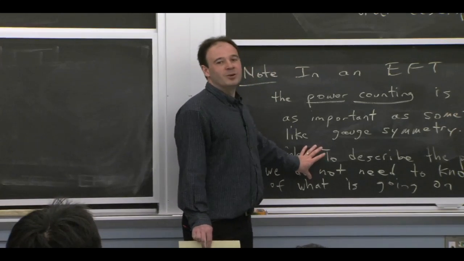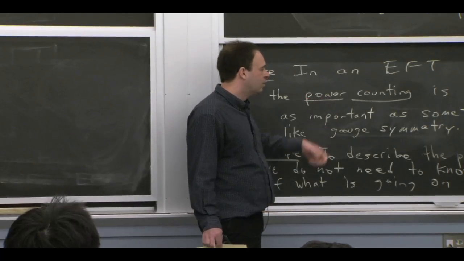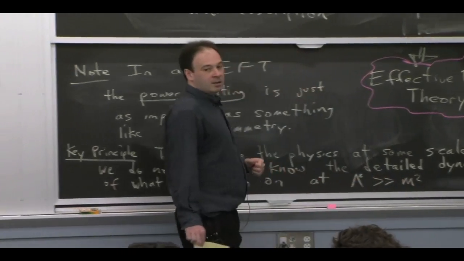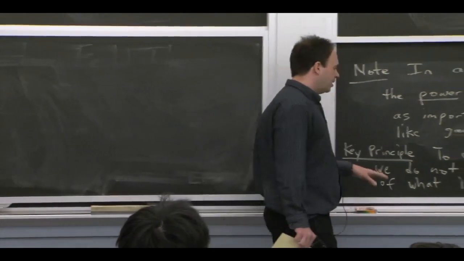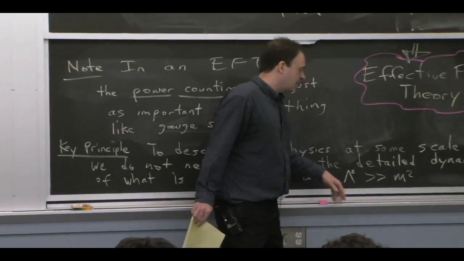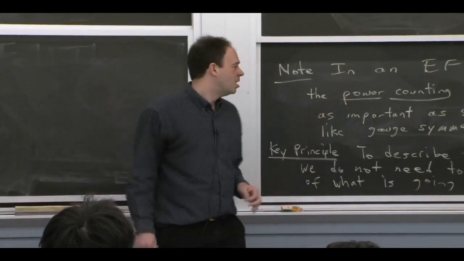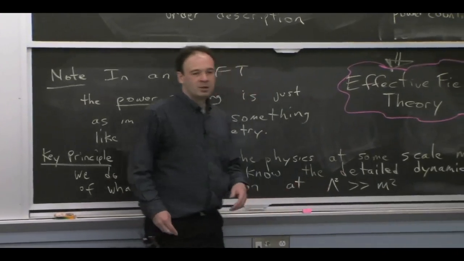We're going to be doing much more than that in this course. We'll be talking about cases where the power counting is in situations that are not simply m squared much less than lambda squared, but other things, dimensionless parameters. So sometimes it will become more complicated, but still this guiding principle that there's physics that's far away in some sense from the physics that you're interested in, that it can be removed from the theory.